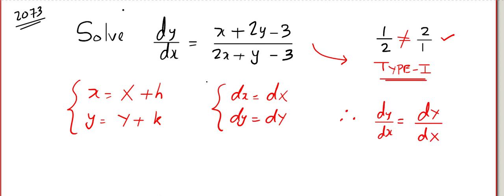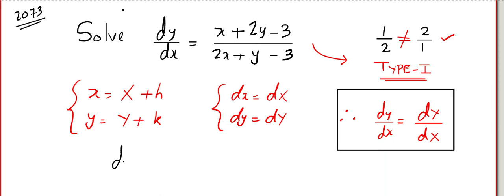Now let's plug in. So what should I substitute instead of dy by dx? dY by dX. Now what should I do instead of x?